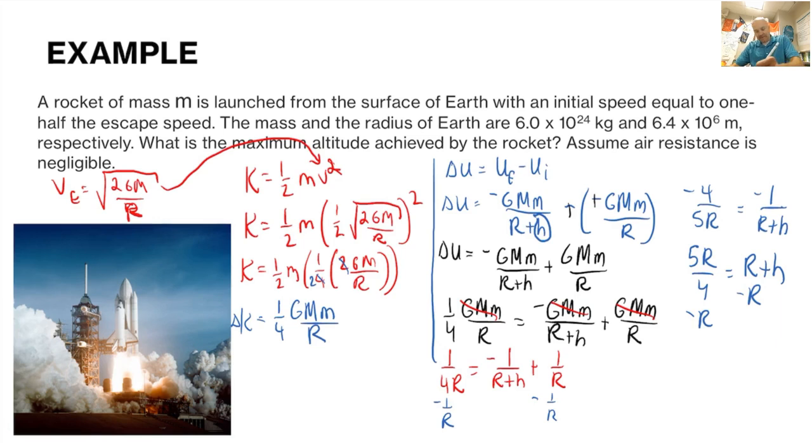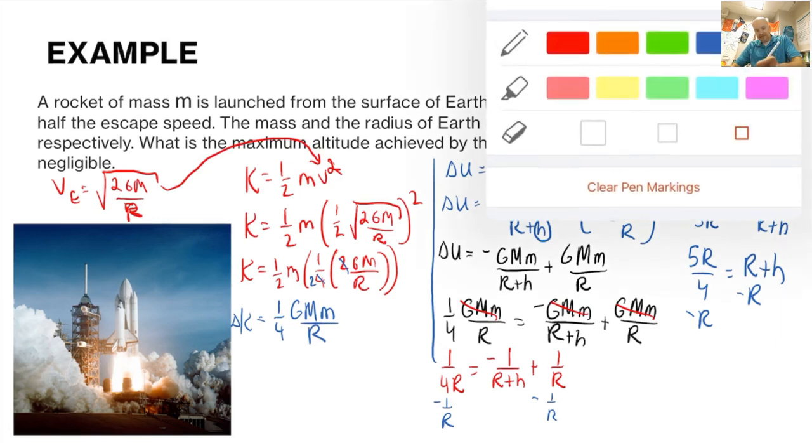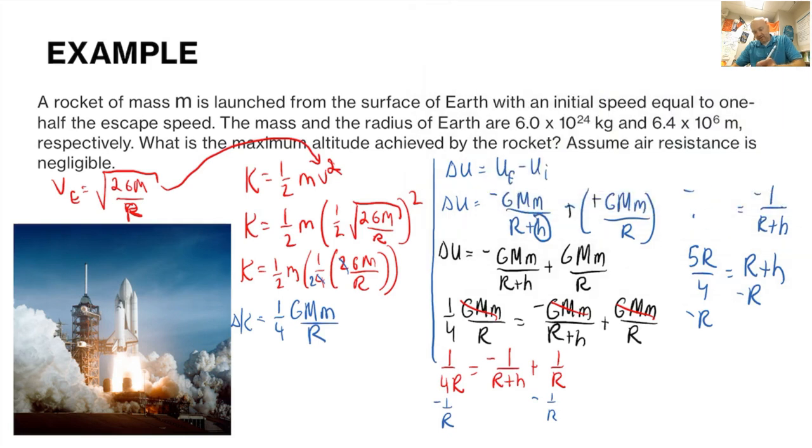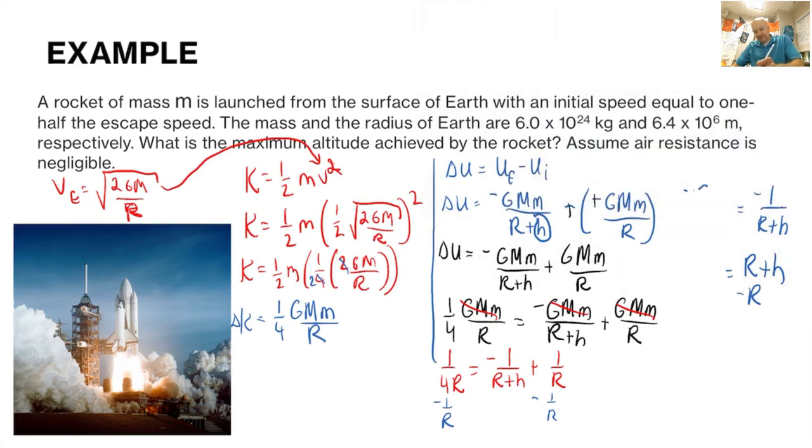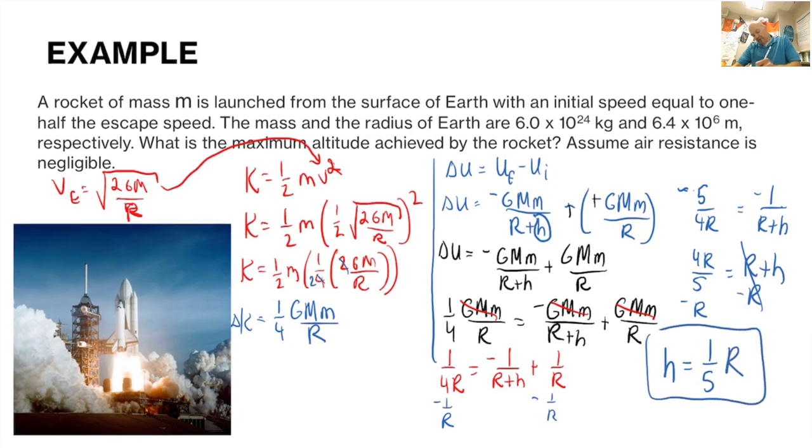Sorry, I got these numbers backwards. It should be 5/4R, which makes this one different. So 5/4R, right? That makes this 4R over 5 that I'm subtracting R from. And so we get H equals 1/5 of R.